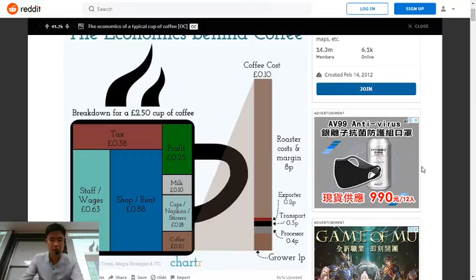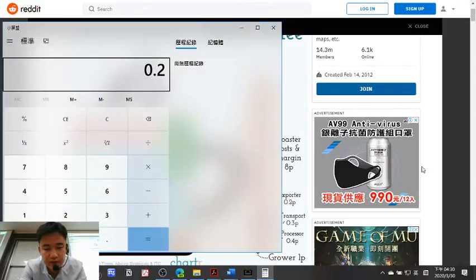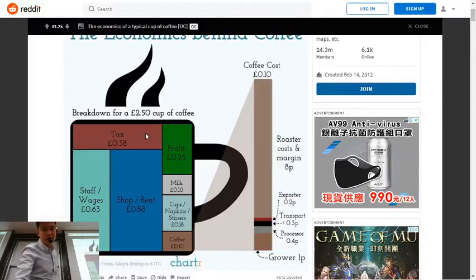Let's calculate. Oh, 10%. Pretty low. It's much lower than I expected. It should be higher. But anyway, that is a typical cost structure in Britain. Probably in other countries it will be higher.